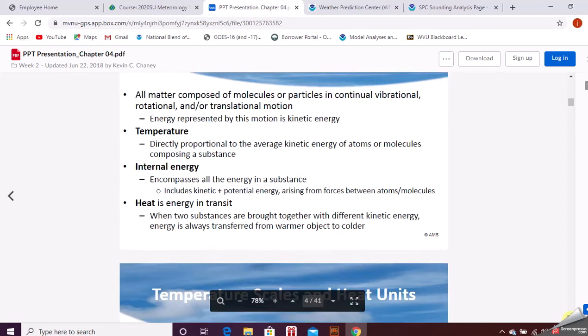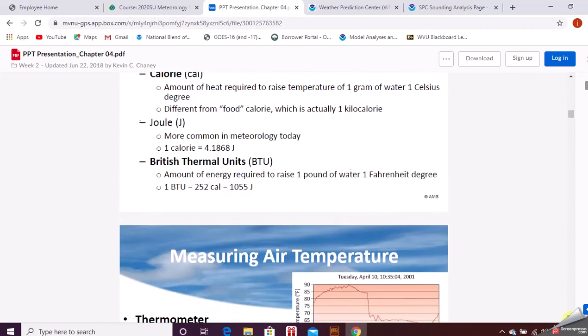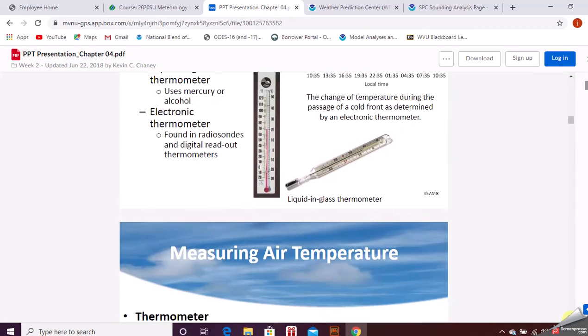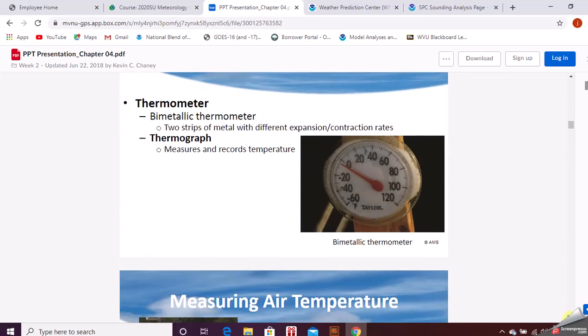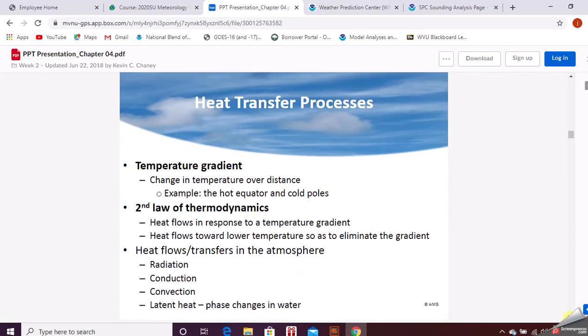So there are various ways heat is moved. You're going to see all kinds of things about temperature scales, how we measure temperature, in the book. Rather than go through that here, let's just go to temperature processes. The second law of thermodynamics says heat flows in response to a temperature gradient. Did you ever accidentally touch something really hot?